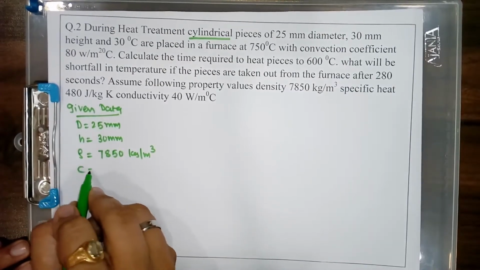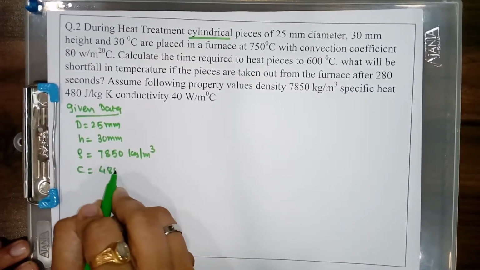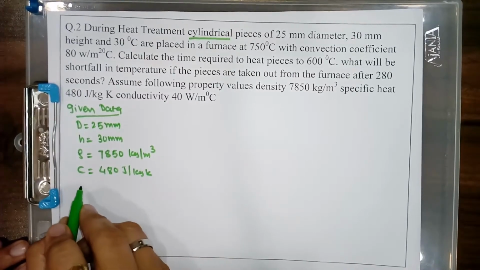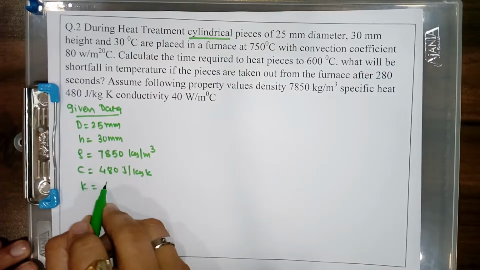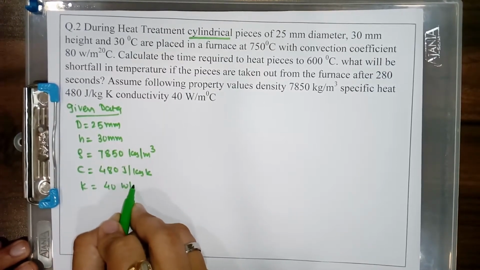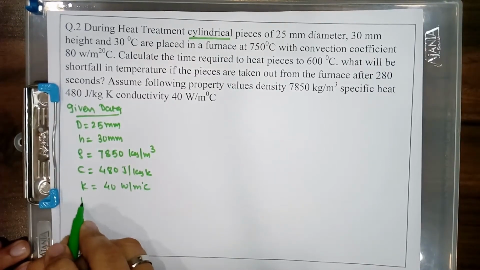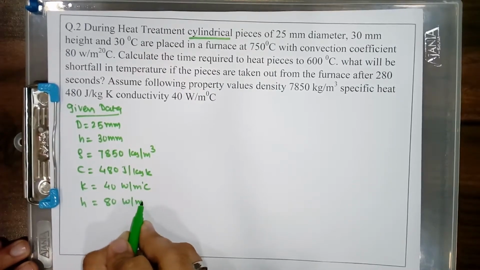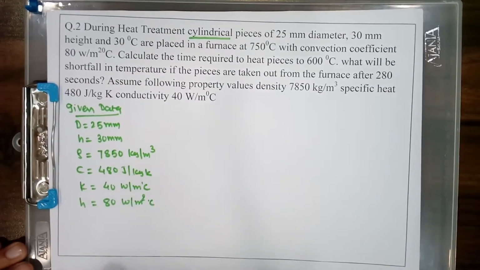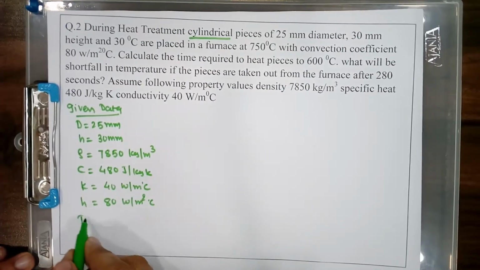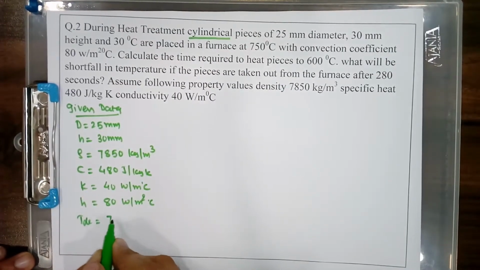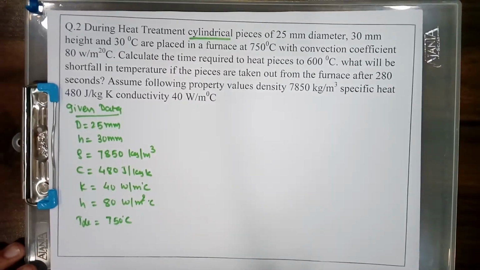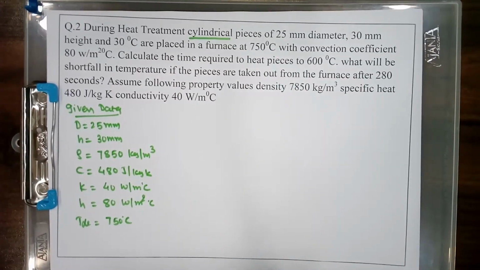Then specific heat C is given, 480 joule per kg Kelvin. Then thermal conductivity K is given, 40 watt per meter degree centigrade. H is given, that is 80 watt per meter square degree centigrade. And the bulk fluid temperature, that is 750 degree centigrade, the temperature of the furnace, is given.